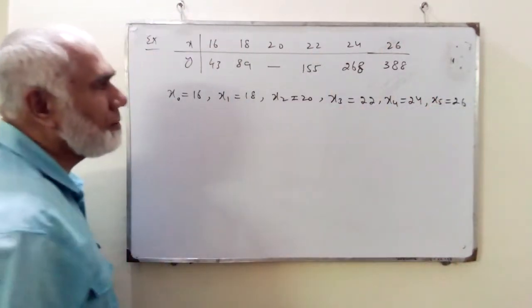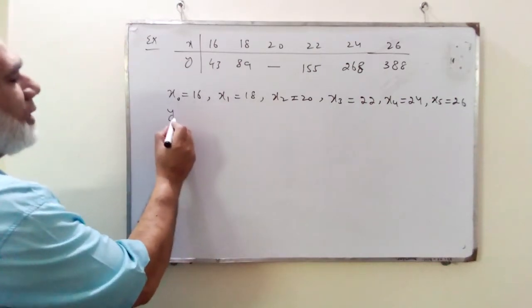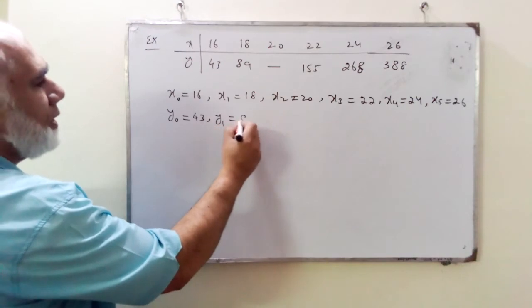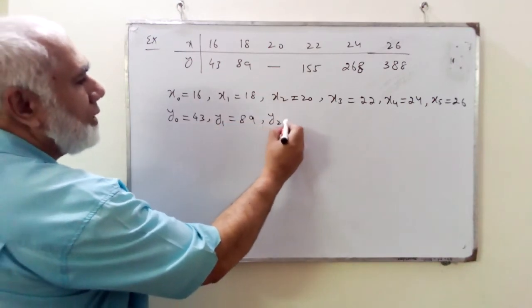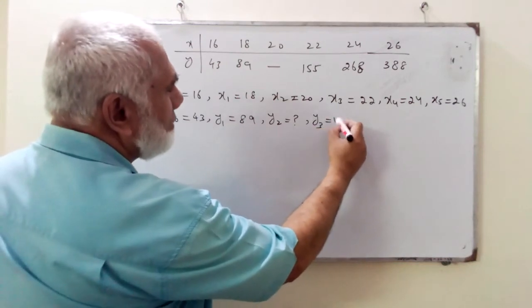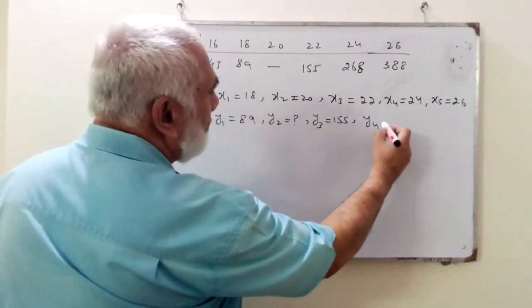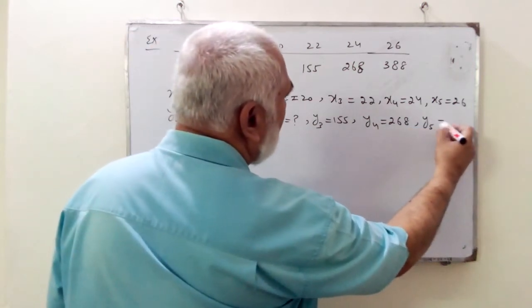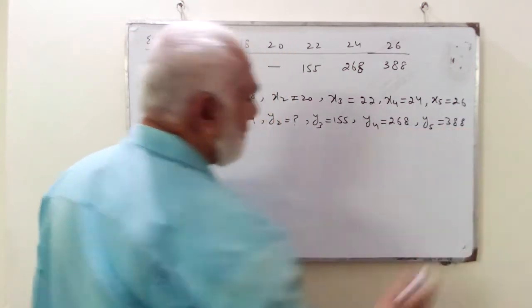The corresponding values of y are: y0 is 43, y1 is 89, y2 you have to find out, y3 is 155, y4 is 268, and y5 is 388.